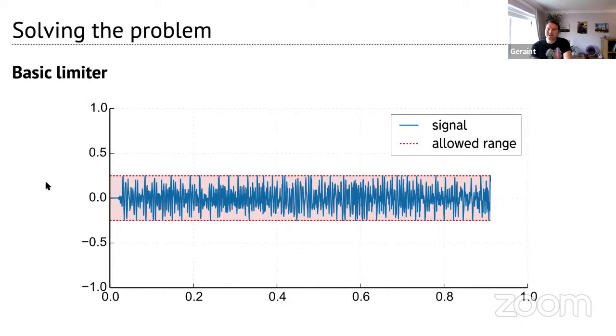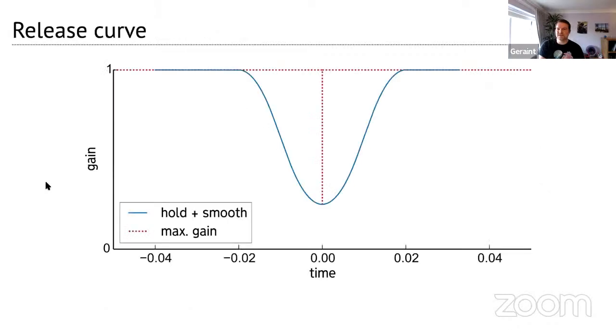So this only has one dial at the moment. Well, it's got the threshold and the smoothing time. And if you look at the curve that the gain takes when you have a peak, this is a diagram of what happens if you have a big peak at some time 0.